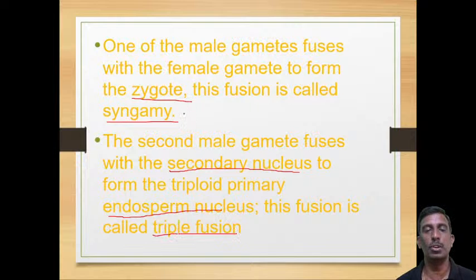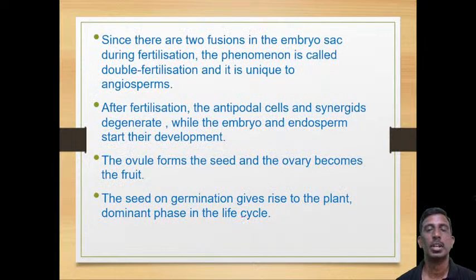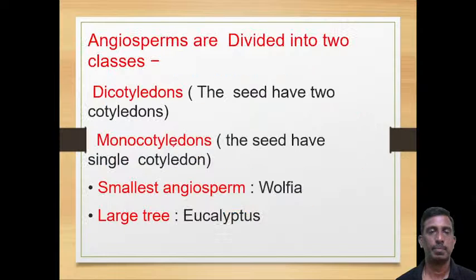Here there are 2 fusions, syngamy and triple fusion, which is called double fertilization, which is unique to Angiosperms. So antipodals and synergids will degenerate, embryo will develop, endosperm will develop. Ovule will form seeds, ovary will form fruit.